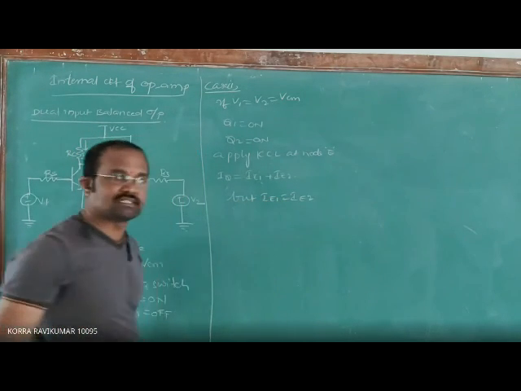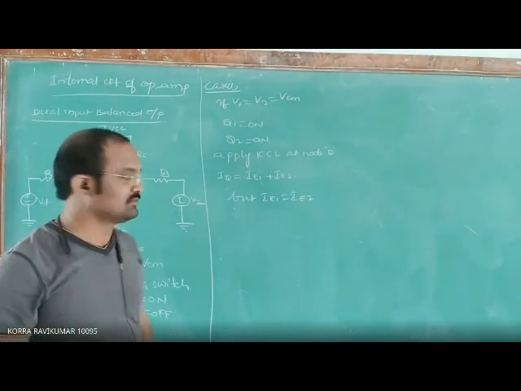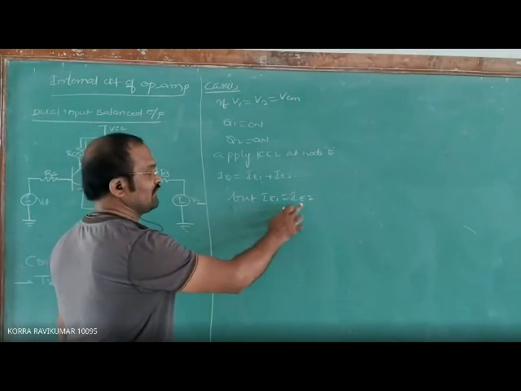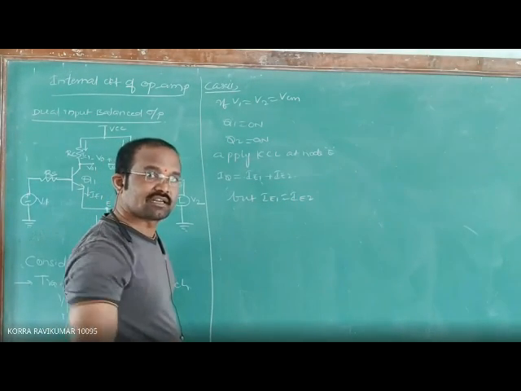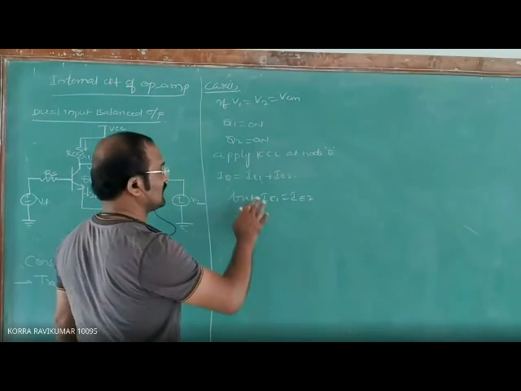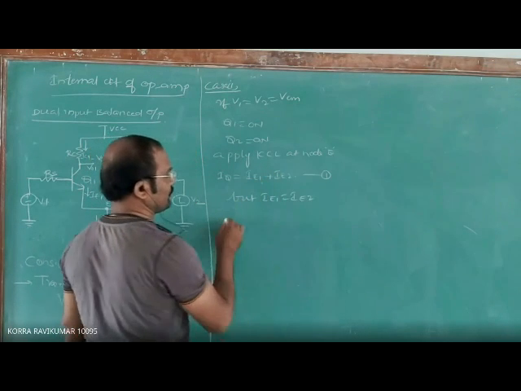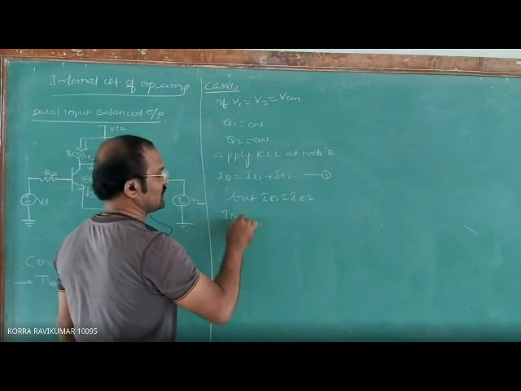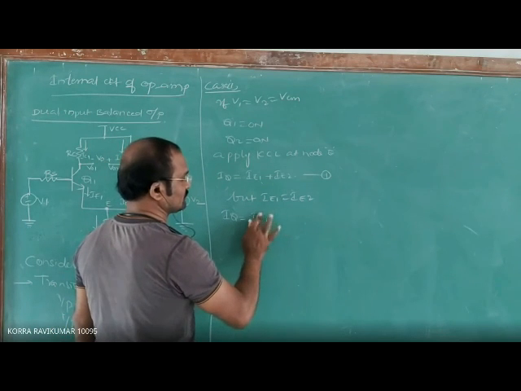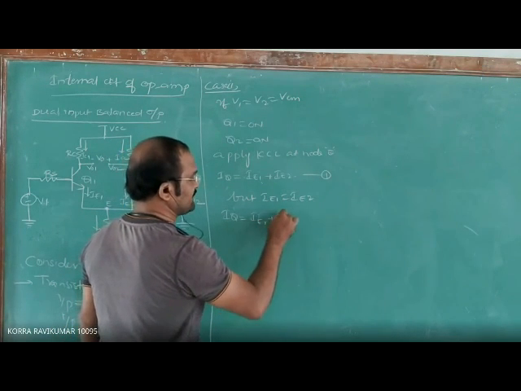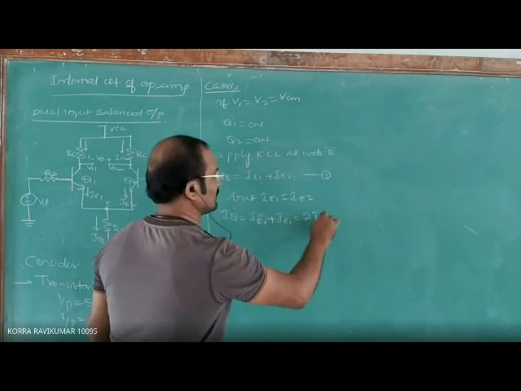Because both are identical transistors and we apply the balanced input, the emitter current of the first transistor is equal to the emitter current of the second transistor. Then see here: if IE1 is equal to IE2, substituting in this equation 1, IQ becomes IE1 plus IE1, which is 2 IE1.